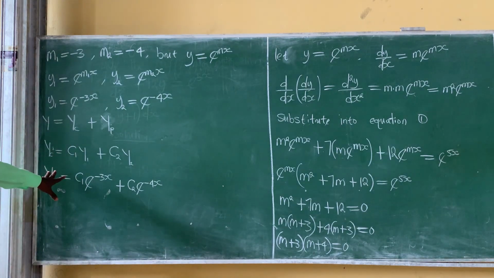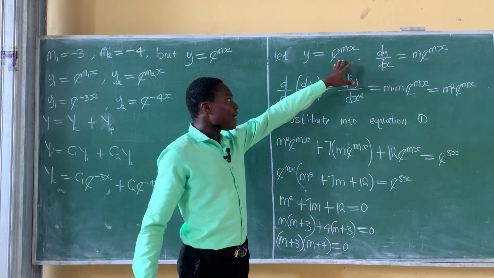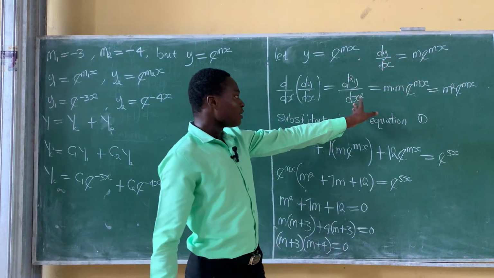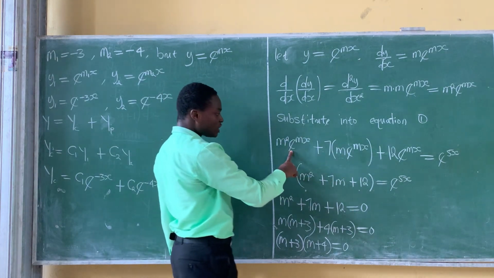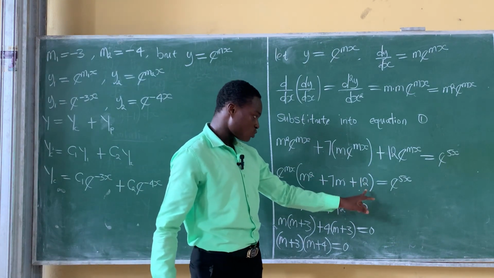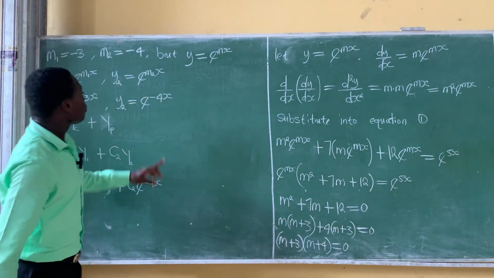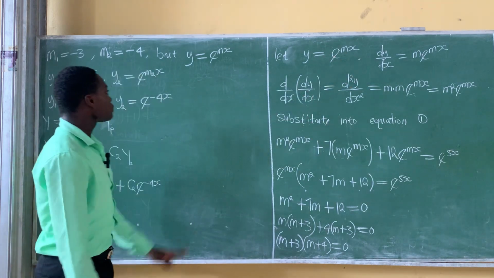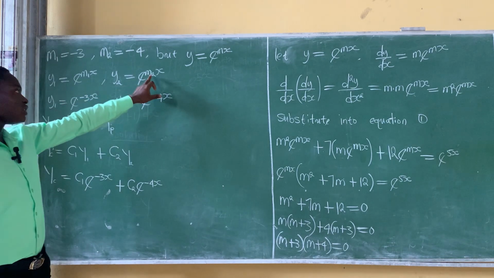To find the complementary solution, always know that you let y be equal to exponential mx first, and then you differentiate y with respect to x, and you differentiate it again, and then you substitute back into the given question and factorize exponential mx. Then you set the root to be equal to 0, which is m squared plus 7m plus 12, and you factorize to obtain the two roots. Then you recall that y is equal to exponential mx, so y1 should be equal to exponential m1x, y2 should be equal to exponential m2x.